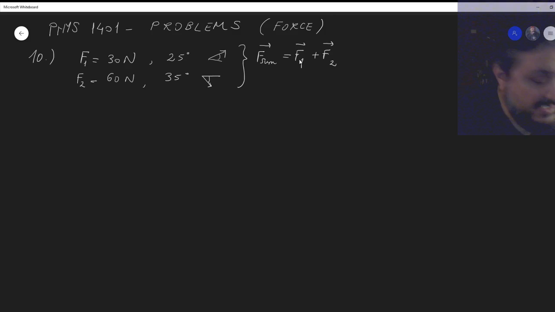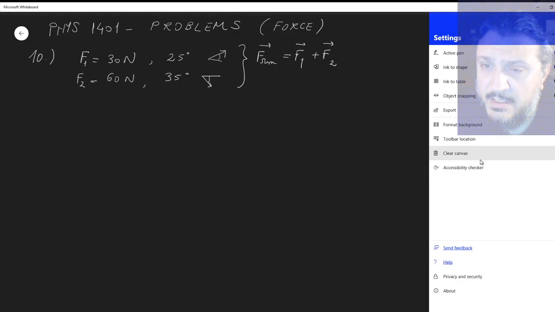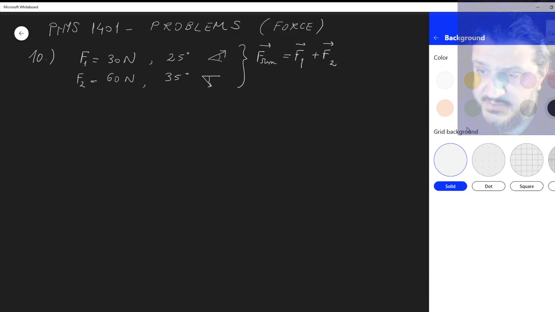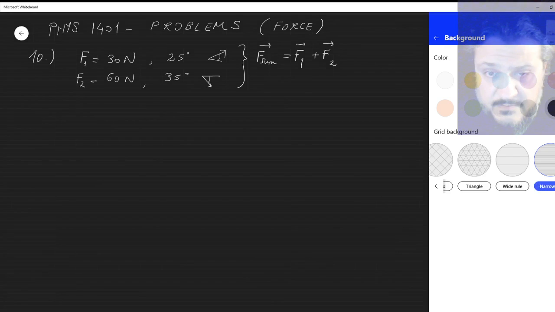Okay, so we'll need a graph paper. Let's change the background. Format background. Let's see what options we have. We have graph paper. Is this good enough? Maybe denser. Narrow lines.